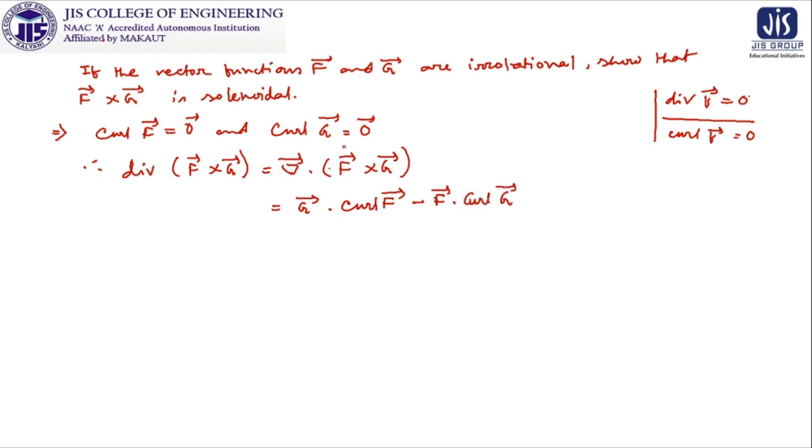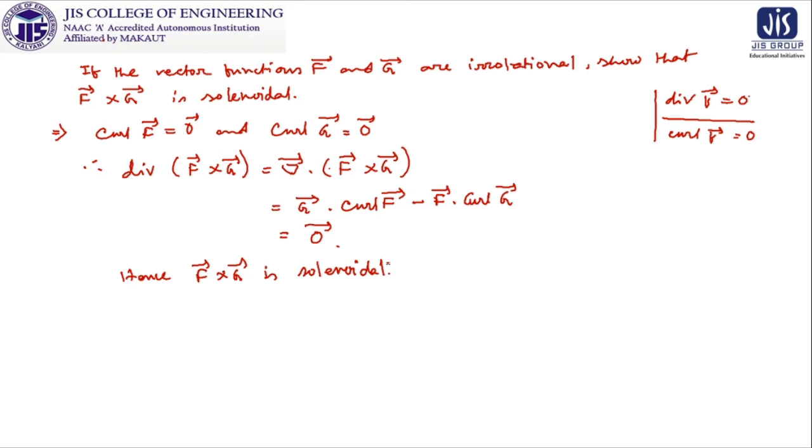That means del dot f cross g is g dot curl f minus f dot curl g, and look at this, nothing is remaining because this is 0, this is 0, both are given. So ultimately putting the values, we will get 0. Hence we can claim that f cross g is solenoidal.